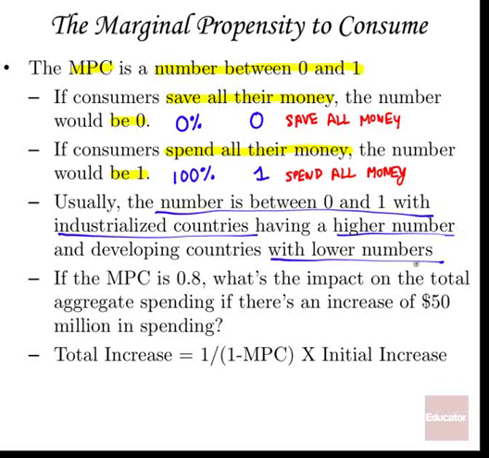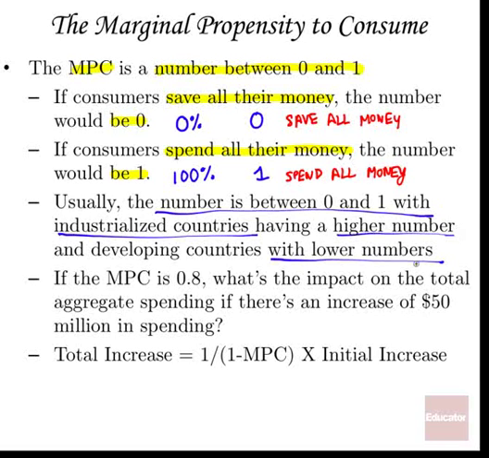So they're gonna save more. And in industrialized countries, when you're dealing with larger sums of money, they're going to spend more because they have expectations of getting more money. So the MPC might be a little bit higher in industrialized countries than in developing countries.